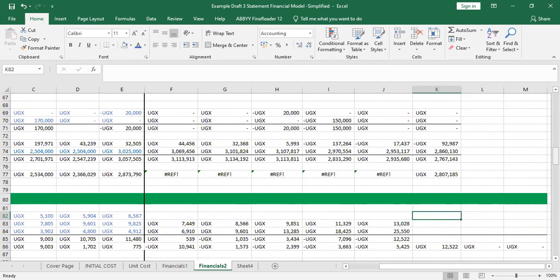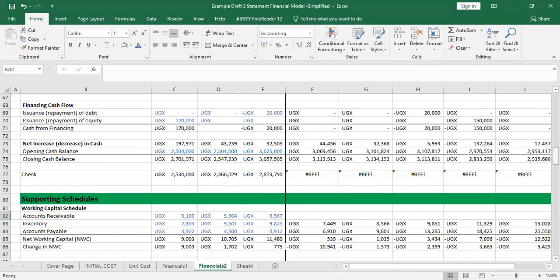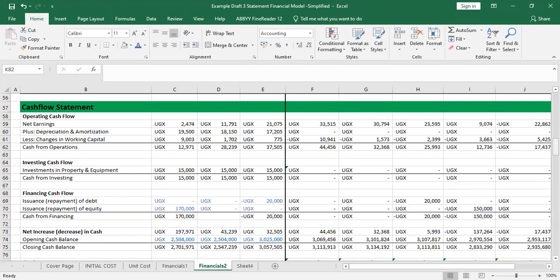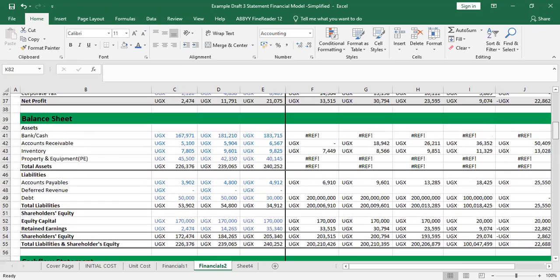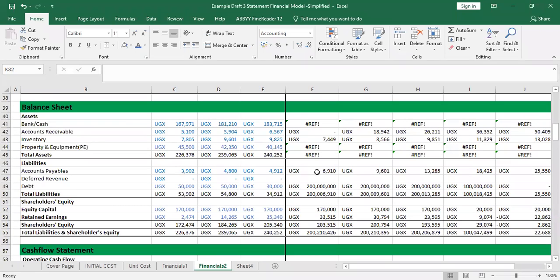I had put a different order, that's why you're seeing this. So for receivables, yeah, is receivables. Okay, sorry, let me just extrapolate back.